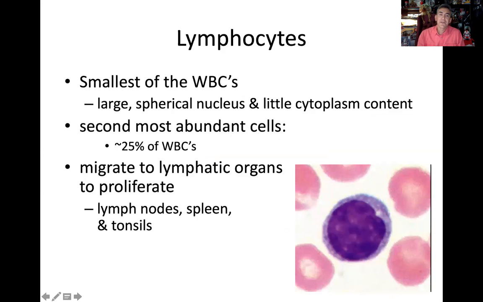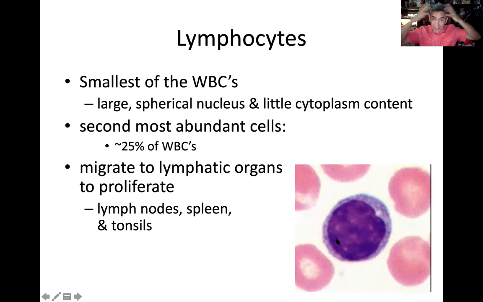Lymphocytes are the smallest of the white blood cells, physical size. They're the smallest, of little stature compared to the other cells, right? They kind of crack me up a little bit, because you have a small cell taken up by basically a huge nucleus, a nice round normal nucleus, right?